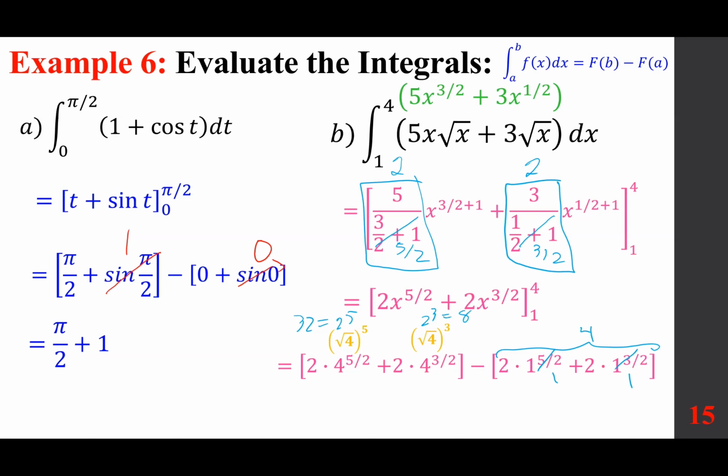So now I'm going to multiply 2 by this number, 64, 2 by this number, 16, minus 4, right? The second brackets, the whole thing simplifies to 4. And as you can see, the answer is 76.